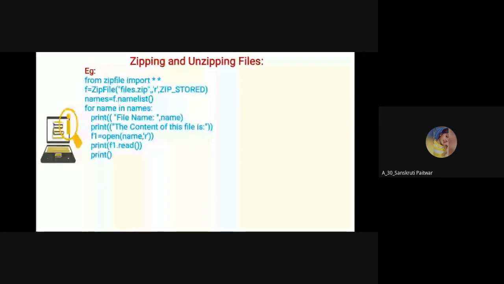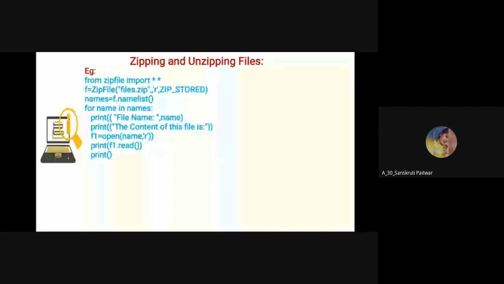We are opening that file in read mode, and ZIP_STORED, that is the constant for unzipping a file. Then names = f.namelist(). This is the method which will give you a list of all the files present in files.zip.